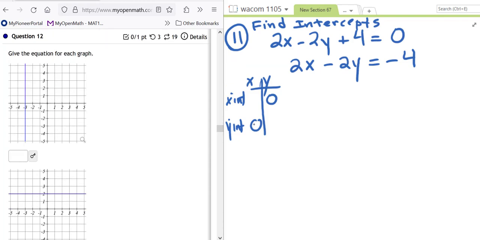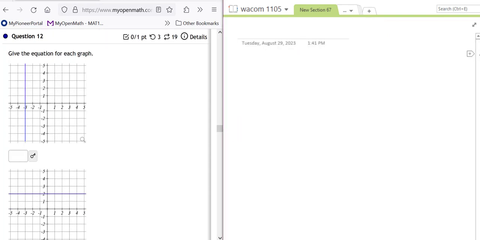Okay, 12. This is also really a question that shouldn't be on here because it's asking you for the equation. So it's asking you to go backwards here. For your special lines, a vertical line, I'm just telling you this. I'm going to make sure these are not on the test. But for your vertical line, it is the form x equals some number.